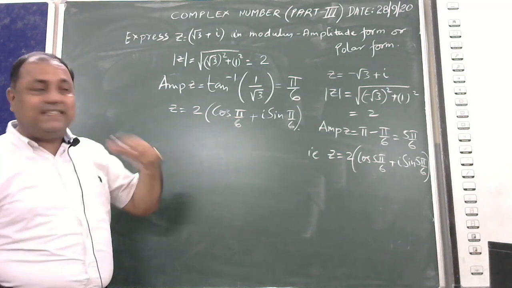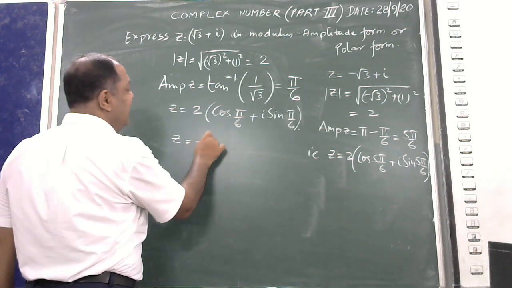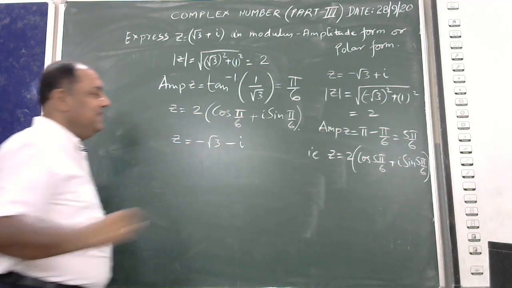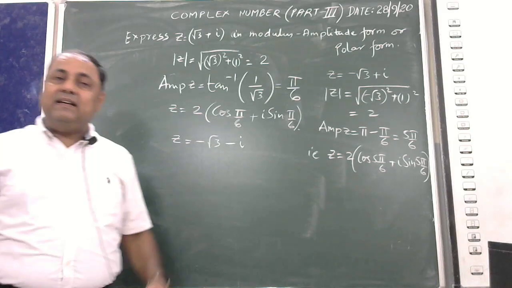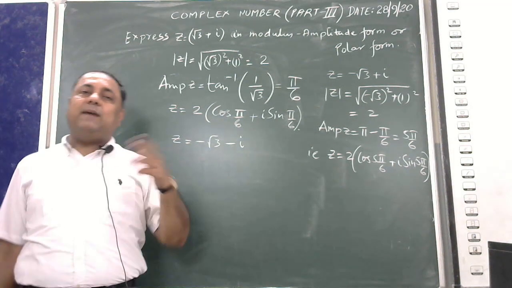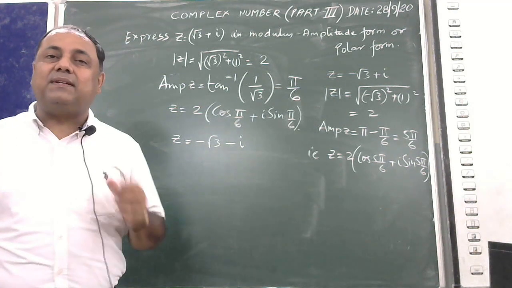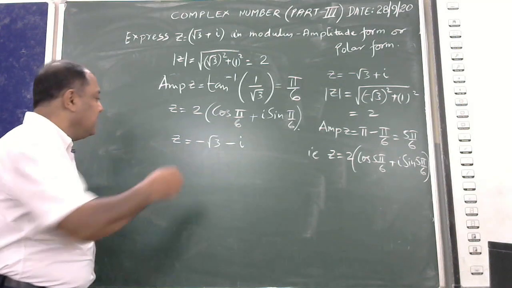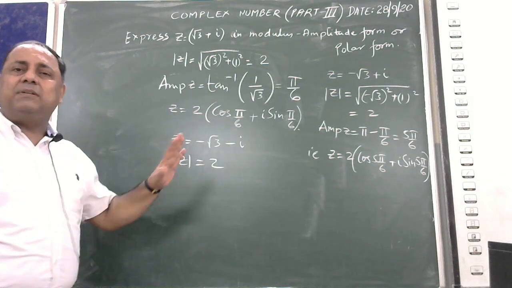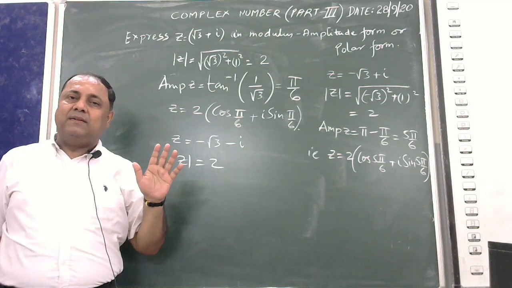Let me take another, third example. z is minus root 3 minus i. Both are negative: X is negative, Y is negative. When X and Y are both negative, then the complex number is in the third quadrant. If it is in the third quadrant, mod z remains 2, the distance from the origin remains 2.